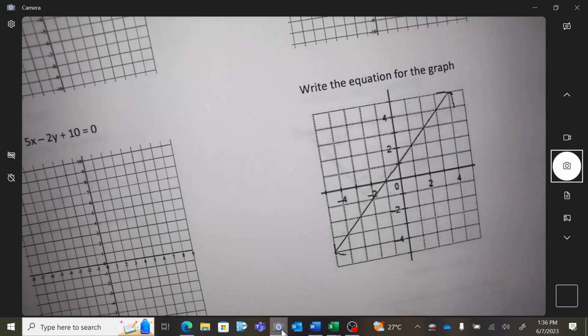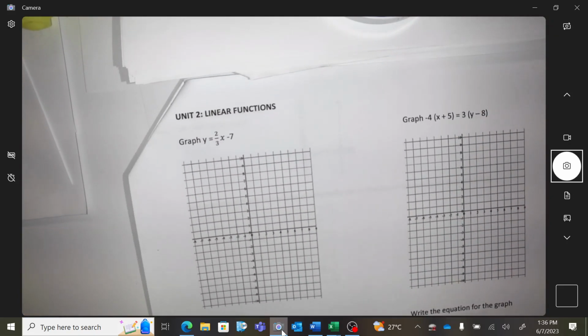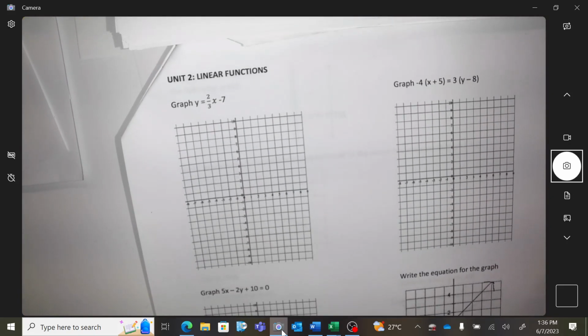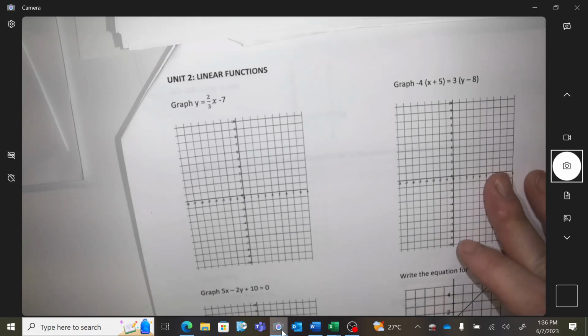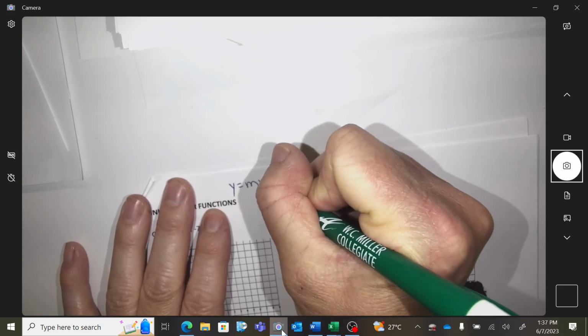Okay, graphing. Okay, can you put on the top of your paper y equals mx plus b.